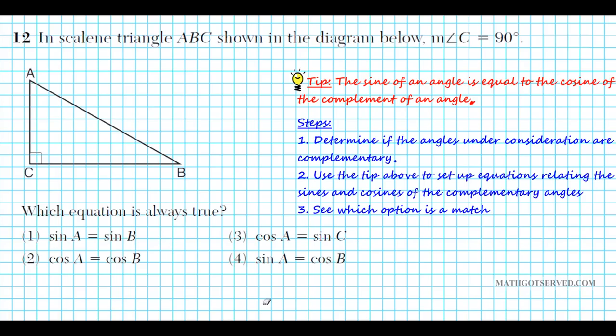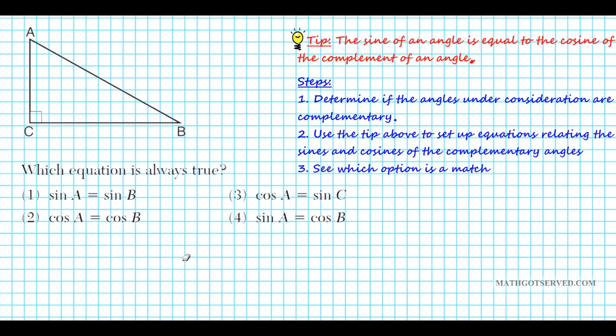Okay? So if you take a look at this triangle right here, we know that A plus B is equal to 90 degrees. Well, how do we know that? Okay, let's go ahead and show you how that is the case. What is the sum of the angles in a triangle? It's 180 degrees, right?